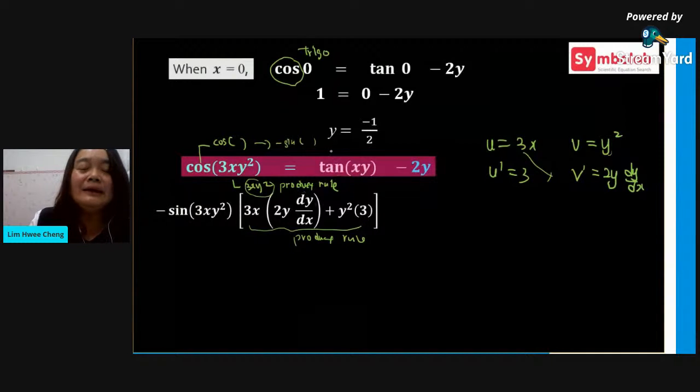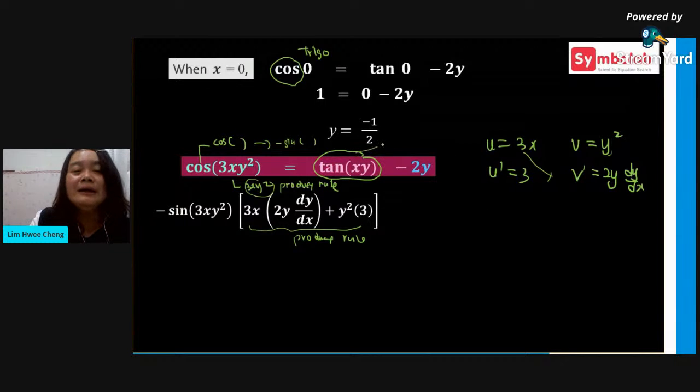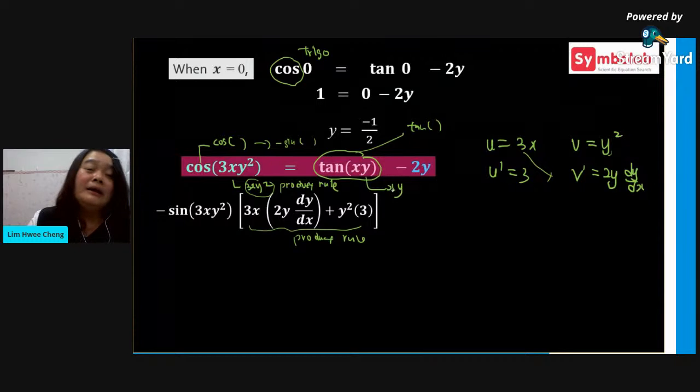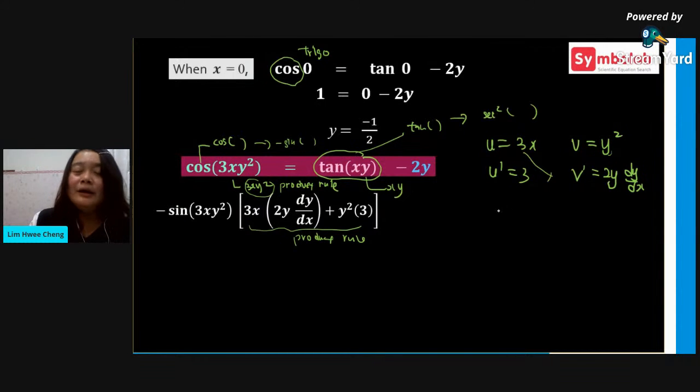Okay, this one is settled. We look at this one now. Tangent. So, the same story. The outer is tangent, the inner is xy. If you differentiate tangent, you get what? Secant squared. Again, this is a product rule. You get another product rule here.